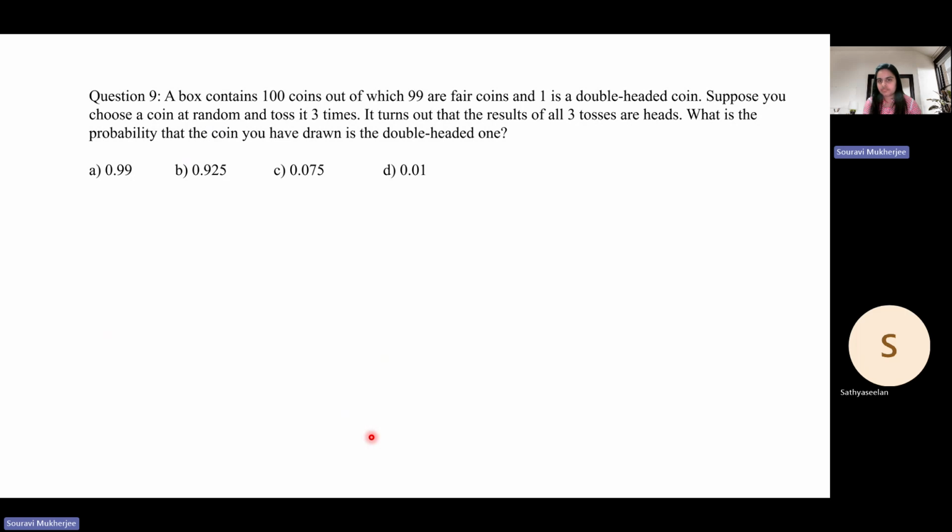One would be what is the probability of a fair coin? What is the probability of a double-headed coin? And then there's this event where you choose a coin at random and toss it 3 times. So, the event of tossing a coin 3 times and the event that you are getting all heads, right? This is the event that we are talking about.